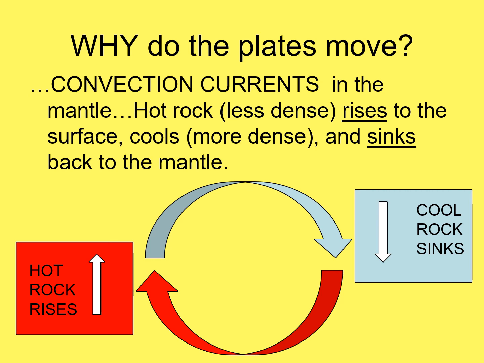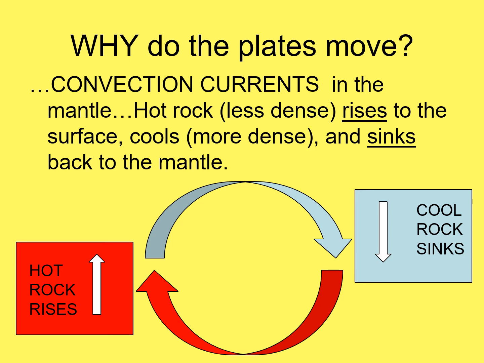So we've got that really hot melted rock at the bottom, and we know hot things are less dense, so they begin to rise. But we also know as they rise and get closer to the lithosphere, it's going to get cooler. So when it gets cooler, it's going to be more dense. And when it's more dense, we know it sinks. So it's going to begin sinking back down to the mantle.